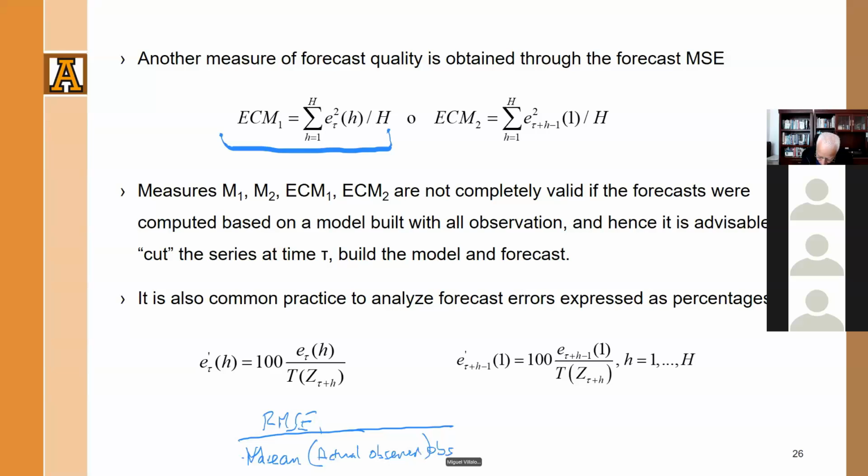So if I'm forecasting 6 periods ahead, I compute the root mean square error of the forecast, and then divide that by the average of the actual values in the future, and that gives me as a percentage how much I'm deviating from the actual average of the series in the future. Okay, that's another way of doing it, but at least we should compute the root mean square error.